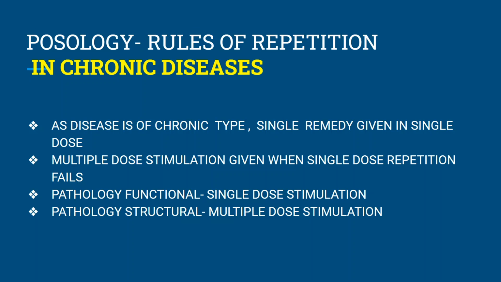So in chronic type, single remedy is given in single dose, whereas multiple dose stimulation is given when single dose repetition fails. If pathology is functional, we are usually giving single dose stimulation. If pathology is structural, multiple dose stimulation is given.